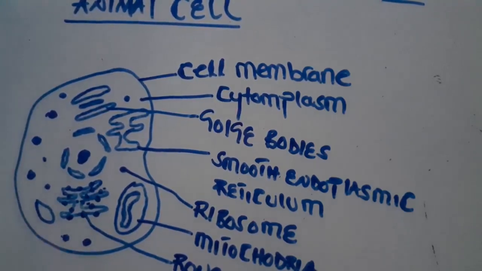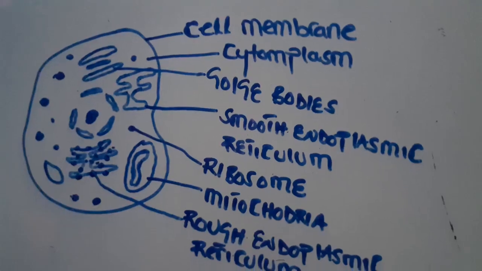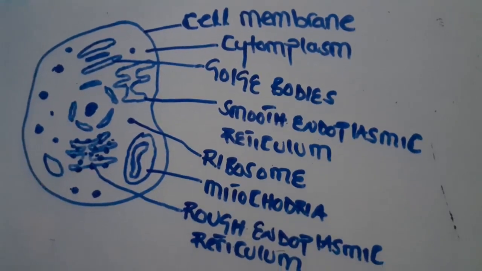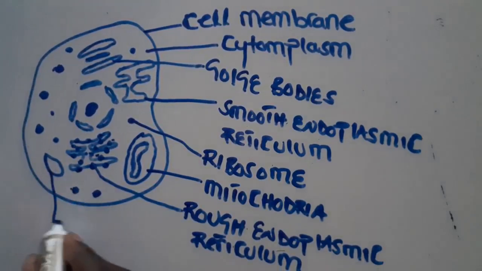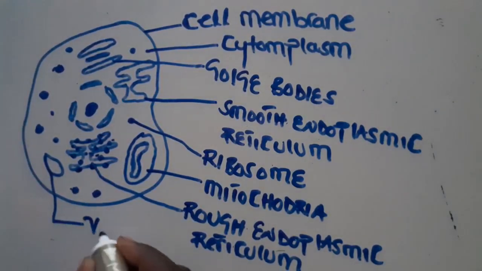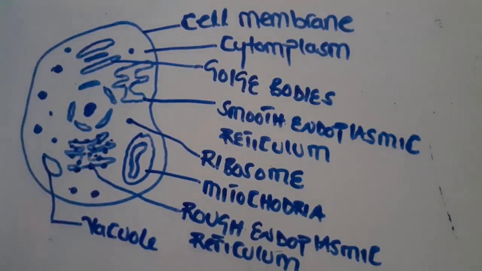So these are the parts of a detailed structure of an animal cell. And I've forgotten about this one. This part is called a vacuole. This is a detailed structure, and these are the parts which are seen when using an electronic microscope.